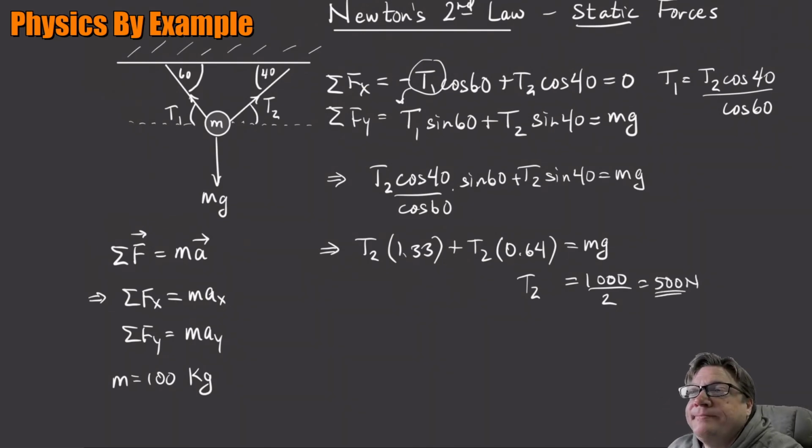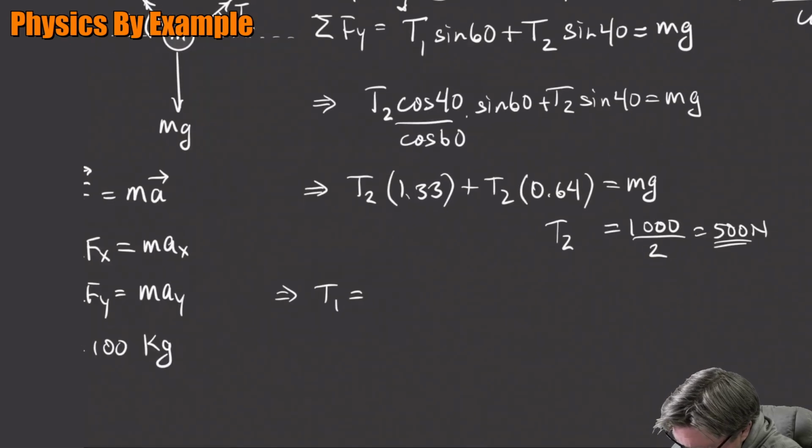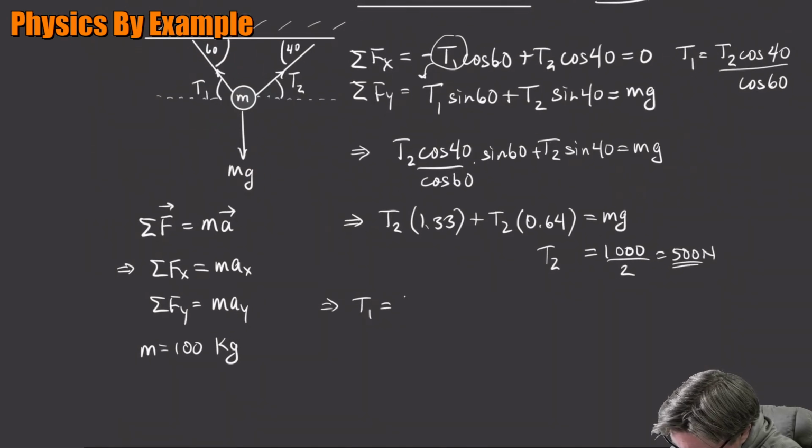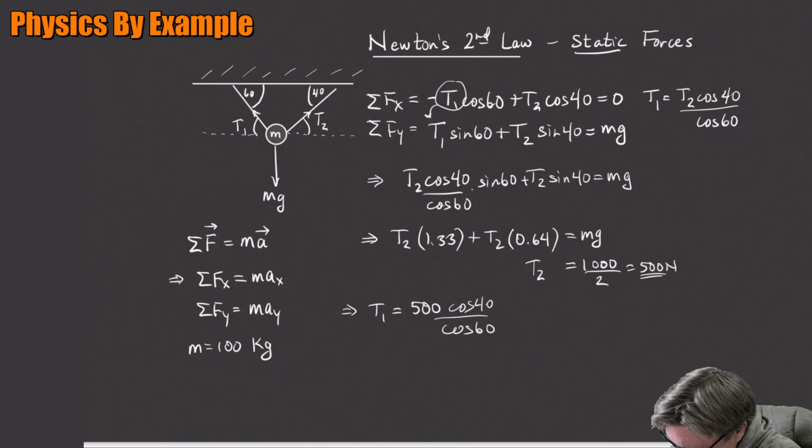500 newtons. Cool. And then I can go back and solve for T1. So T1 is 500 times cosine of 40 over cosine of 60.